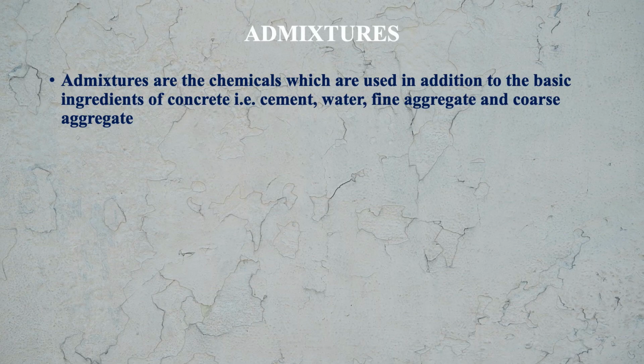What are admixtures? Admixtures are the chemicals which are used in addition to the basic ingredients of concrete. And what are these basic ingredients of concrete? You know, cement, water, fine aggregate and coarse aggregate. So the chemicals which are added in addition to these basic ingredients of concrete are the admixtures.